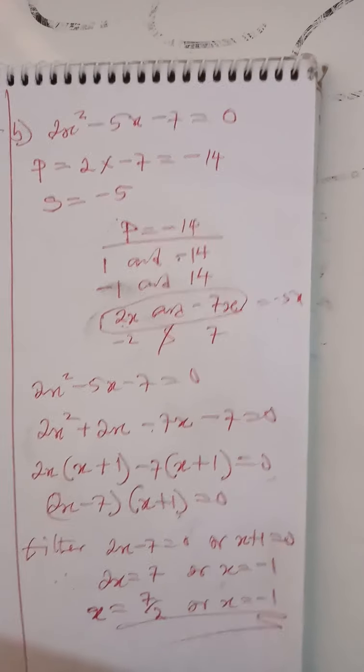Okay, the next one, the last one. The last one is x squared minus 3x minus 10 is equal to 0.